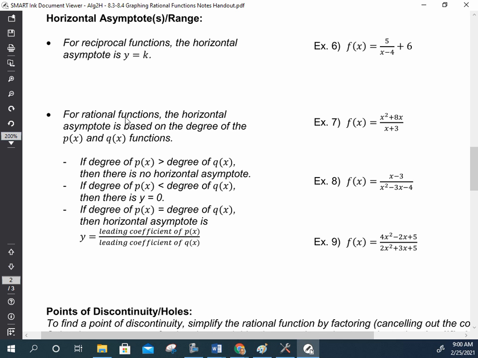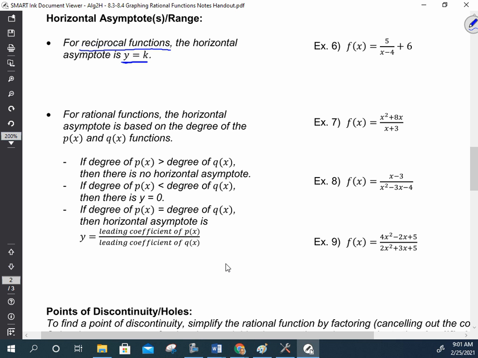If it's a reciprocal function, the horizontal asymptote is very easy. If it's a rational function, polynomial over polynomial, it's a little bit different. If it's a plain reciprocal function, then the horizontal asymptote is y equals k.